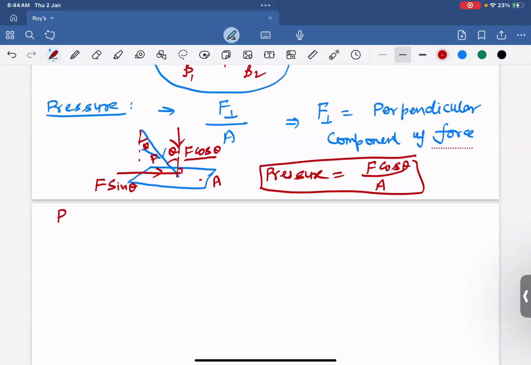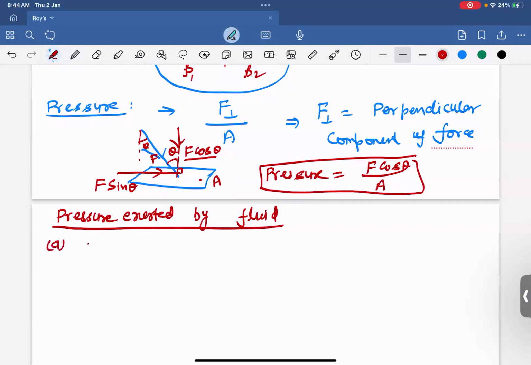First we discuss pressure exerted by a fluid. We discuss this concept in two parts.